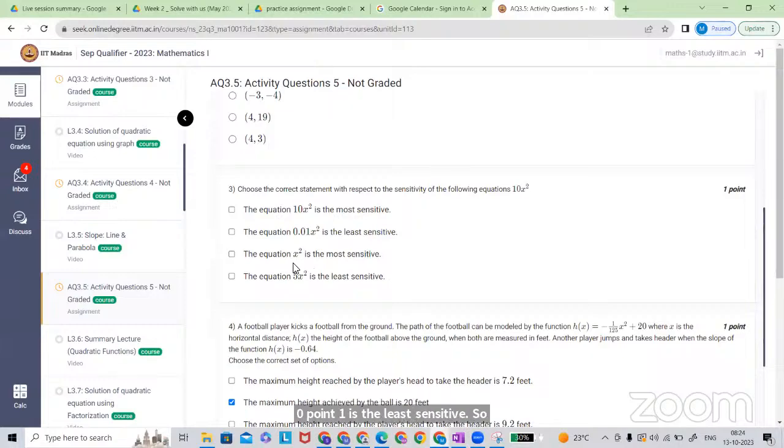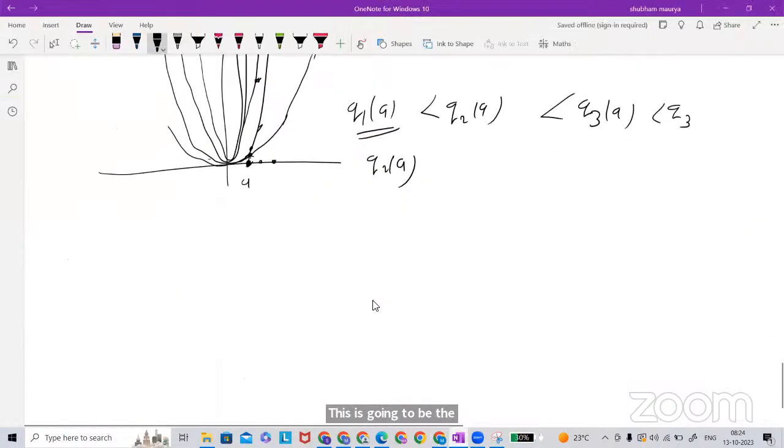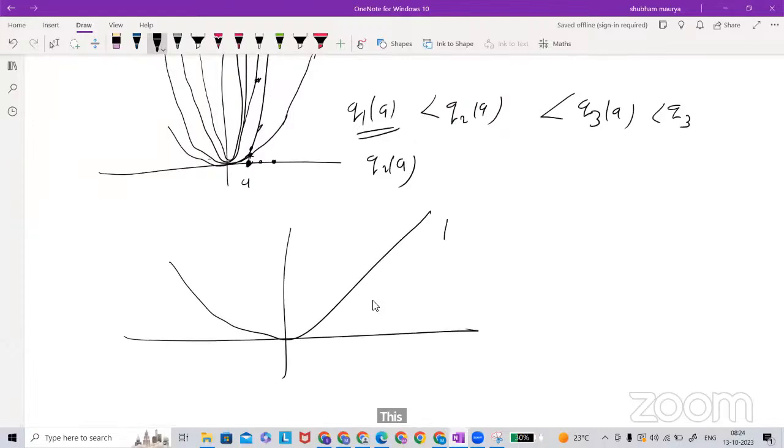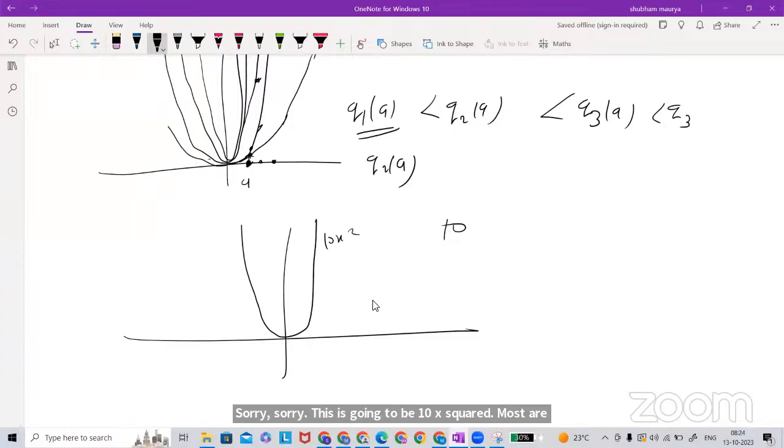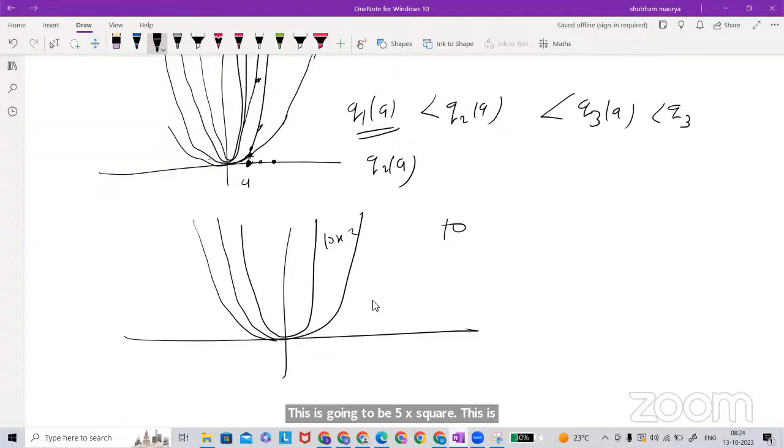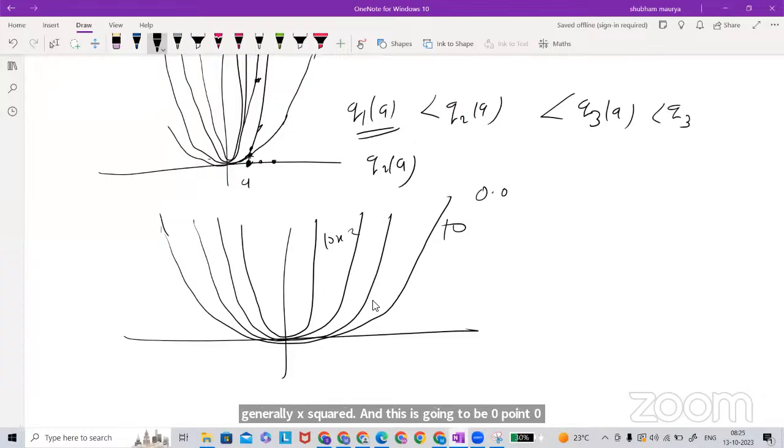To solve this you can use Desmos, or just make the graph. 10x square is going to be more sharp, because it gives a very quick, larger value. Then 5x square, then x square, and then 0.01x square, which is much wider. So this is x square, this is 5x square, this is 10x square.